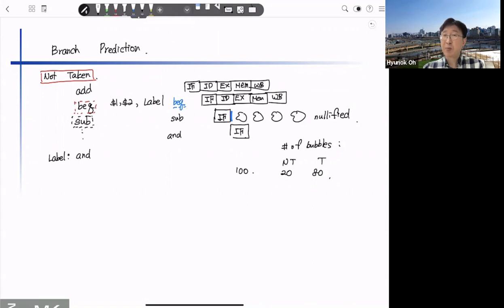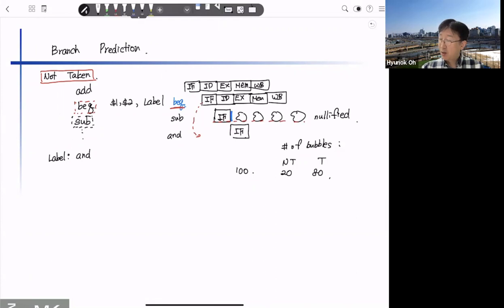We have to pay a bubble only when taken is happening. If the branch is taken, then the subtraction is invalid, right? So it's turning into a bubble. So we have to pay a bubble, right?